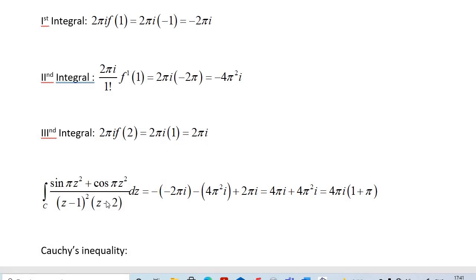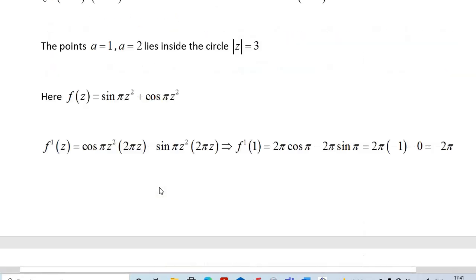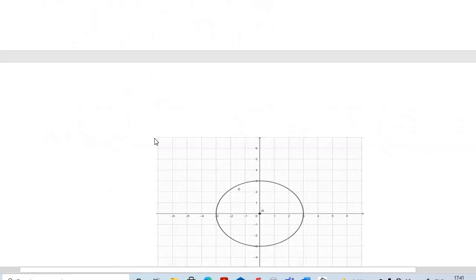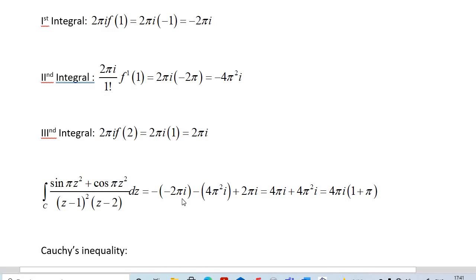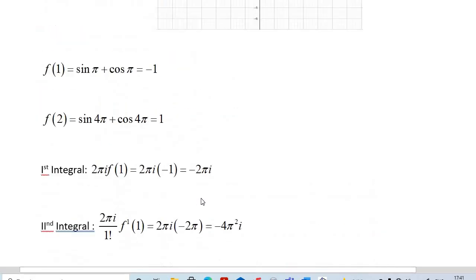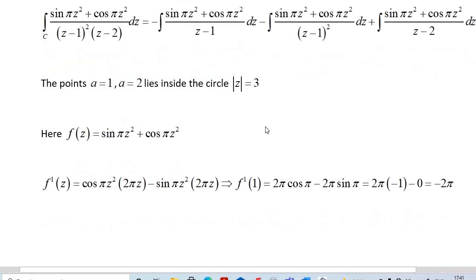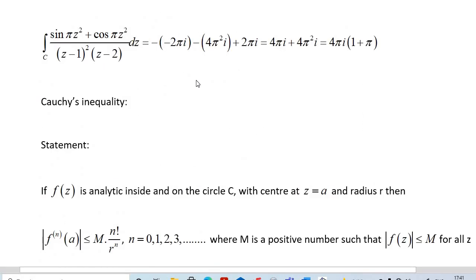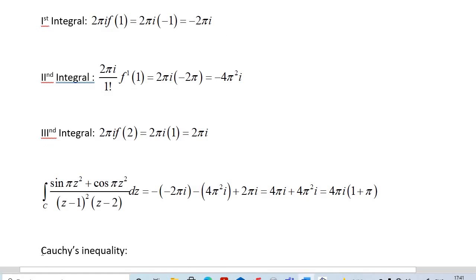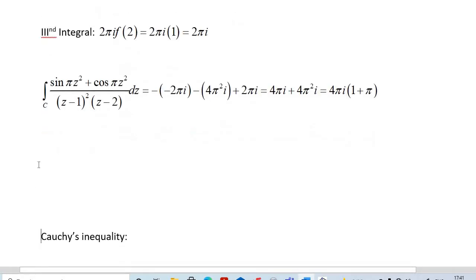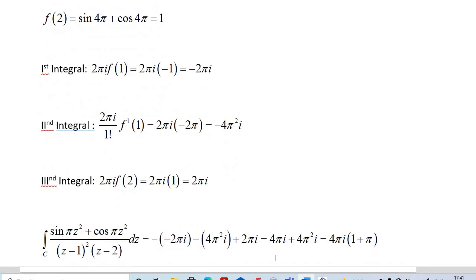Now we are going to substitute all values to find the final value of the integration. Observe, here we have a minus sign, that's why this is −2πi. Again this minus, because here we have minus only, gives −4π²i.